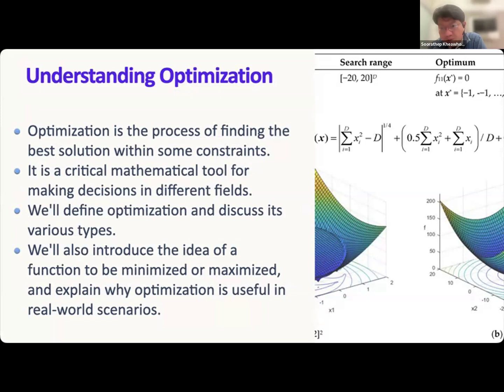And you have various choices, so you have to decide what to eat today. And this is also a process of optimization, because you have to make a decision.